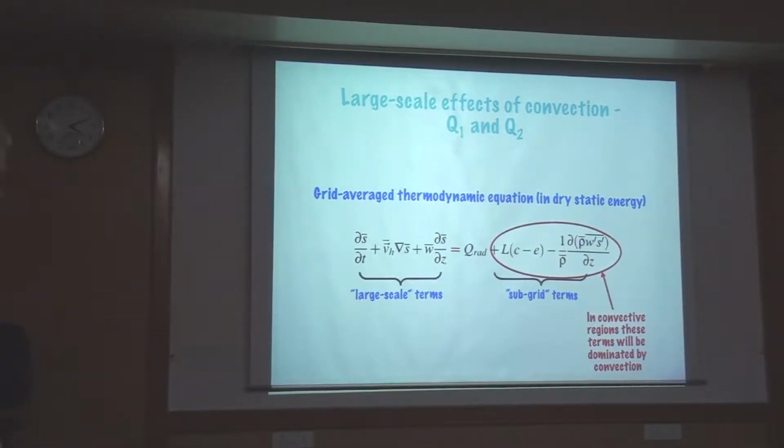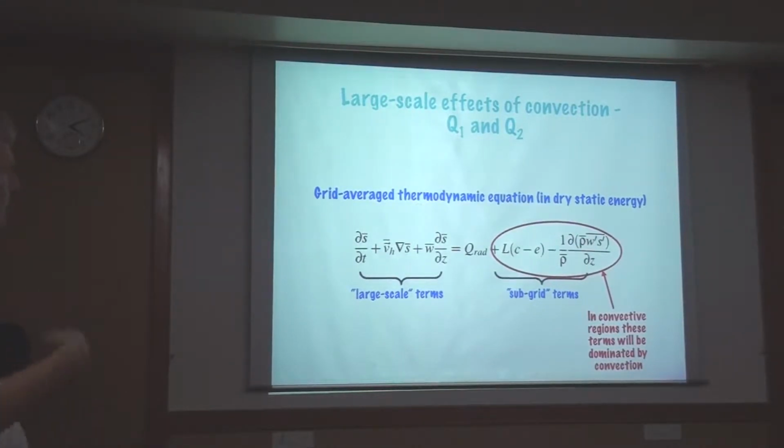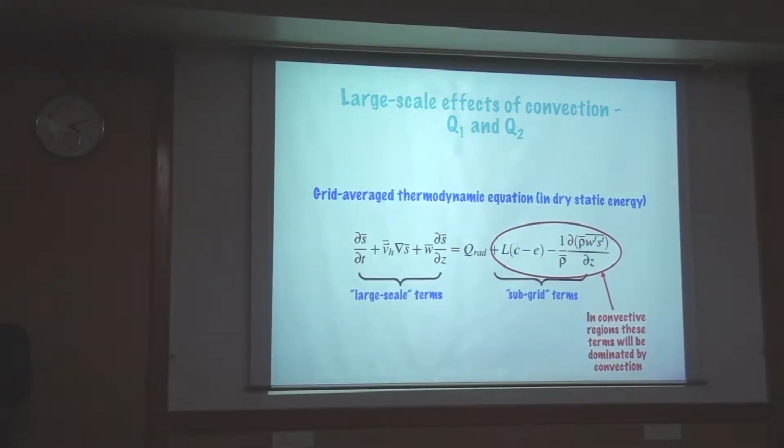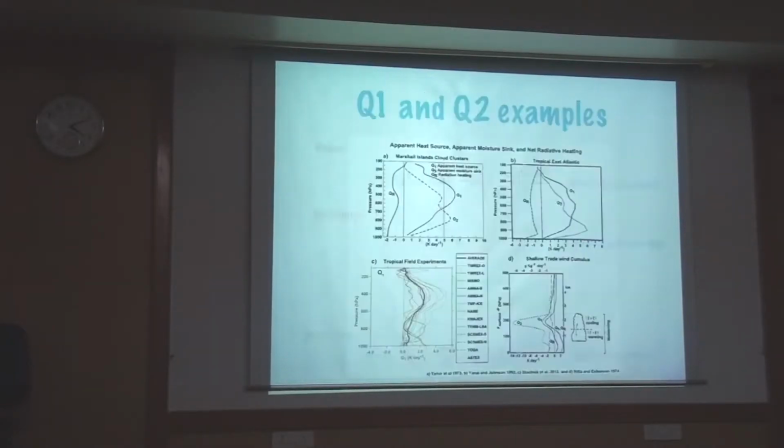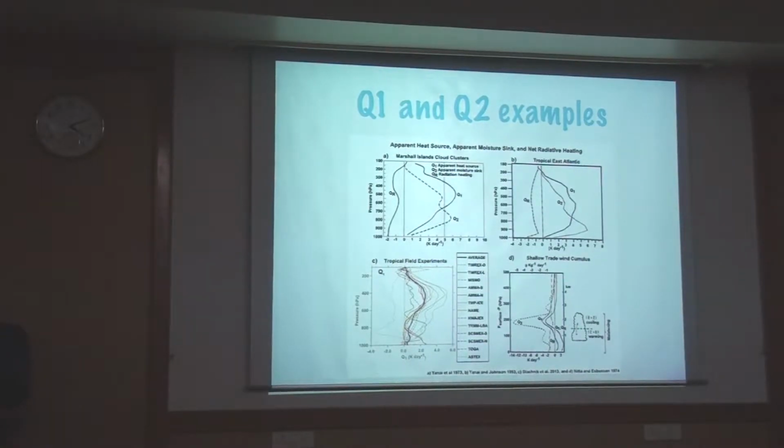So I'm going to show you some results. The radiation we can often calculate using a radiative transfer model, given the profiles that we've measured. The top one is one of the oldest experiments where people tried to measure this left-hand side and then deduce the right-hand side based on those measurements.